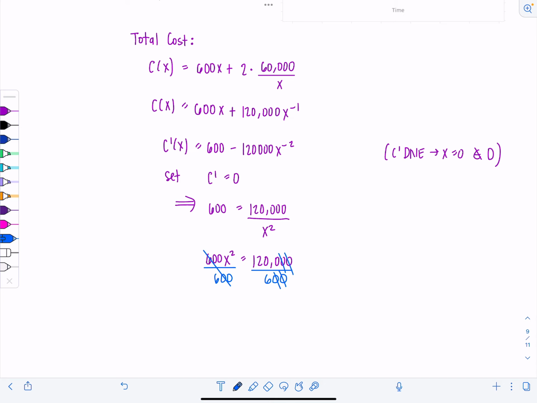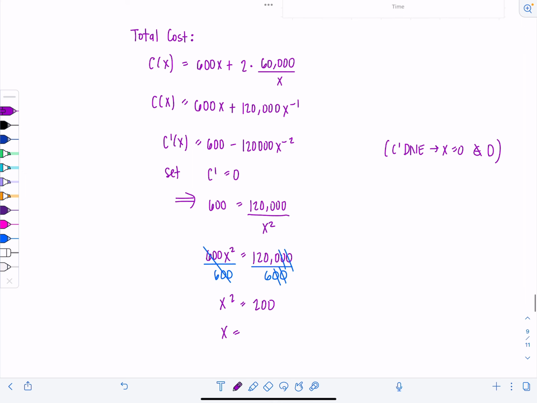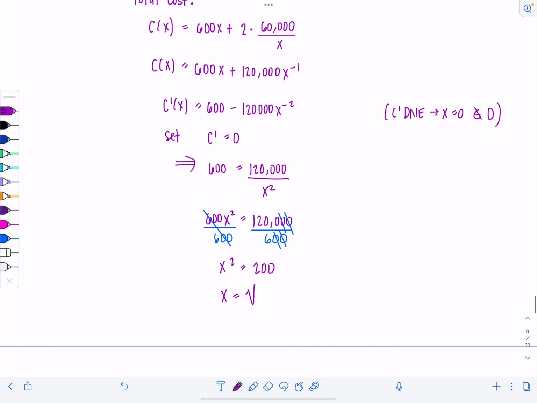And then you have 1,200 divided by 6. So then we get X squared equals 200. I'm not going to put plus or minus because we're not going to have negative number of batches. So X equals rad 200, which is 10 rad 2 batches.